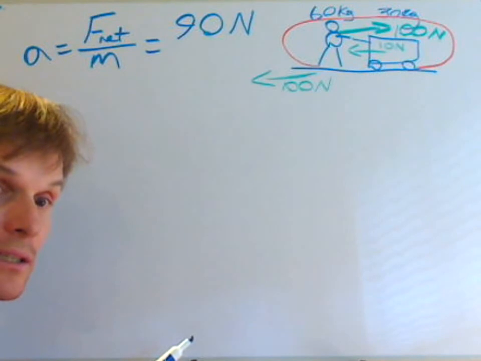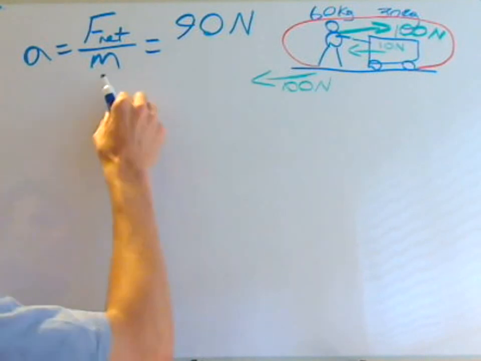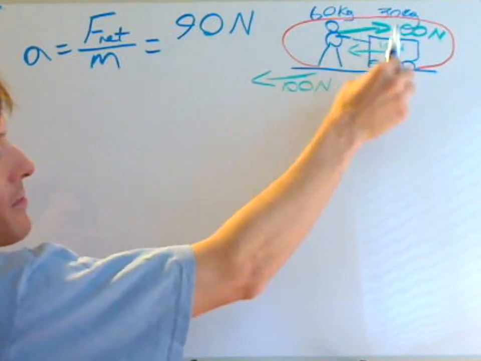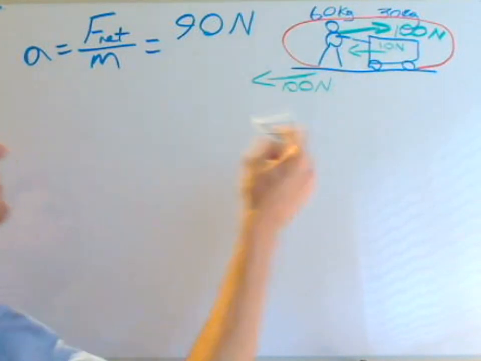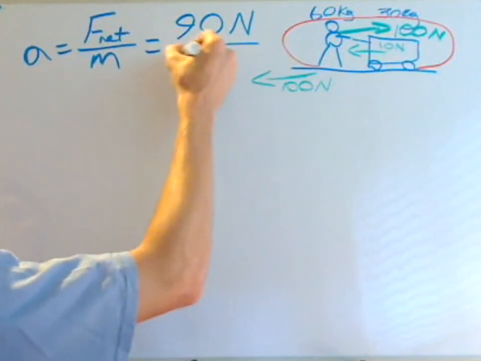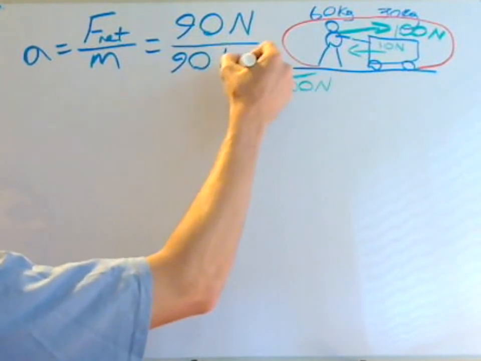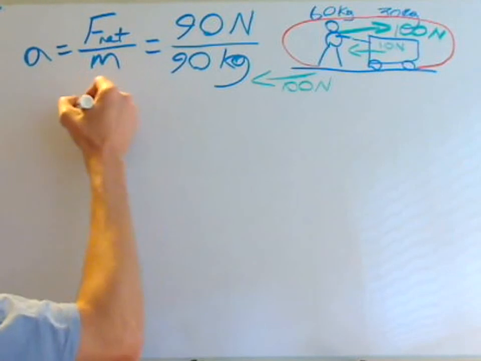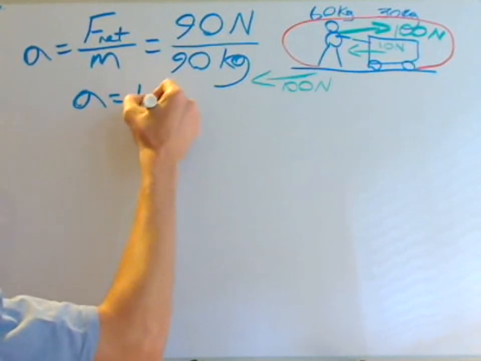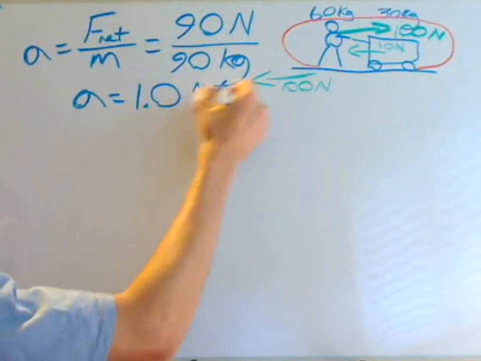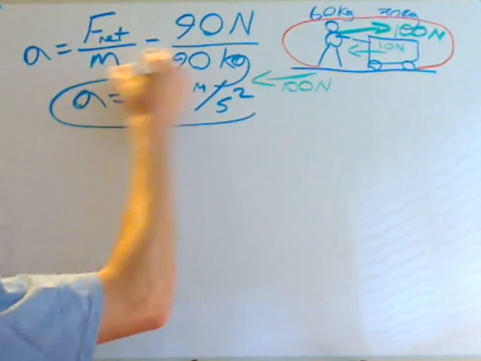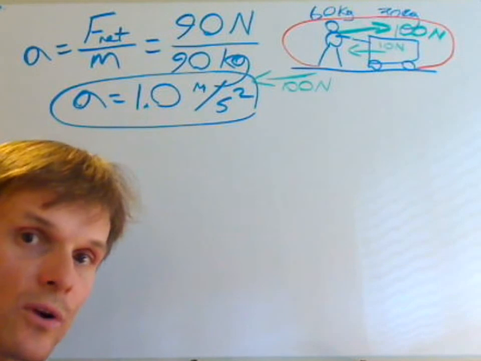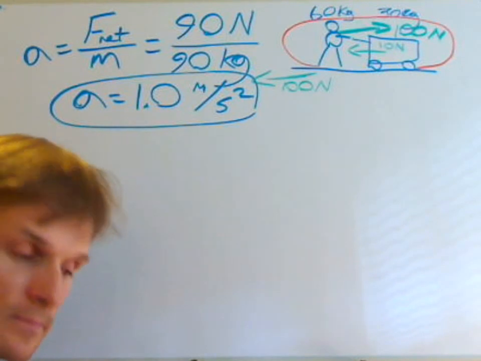The mass of the system is 60 kilograms plus 30 kilograms. So 90 kilograms is the mass of our system then. Okay, so we divide 90 by 90 and we get an acceleration of 1 meter per second squared. Okay, so there's the answer to the first part of the problem.